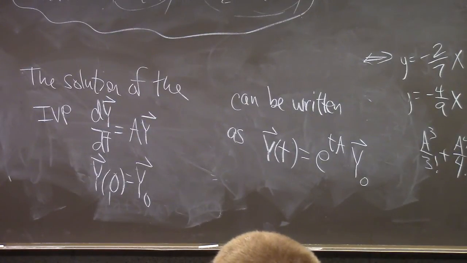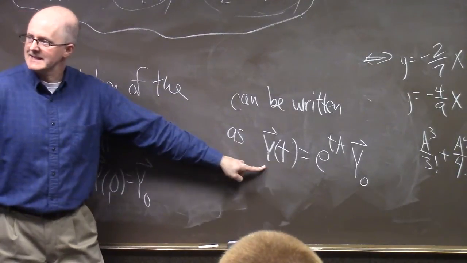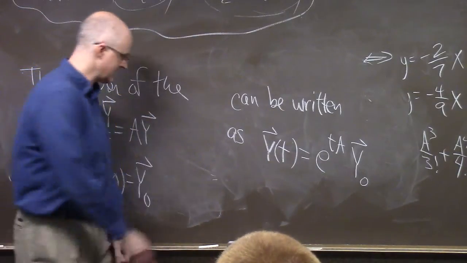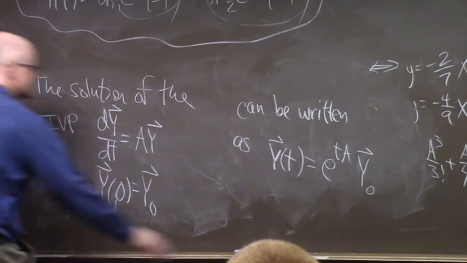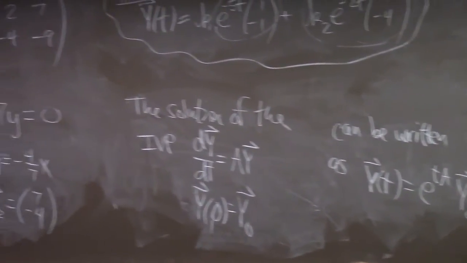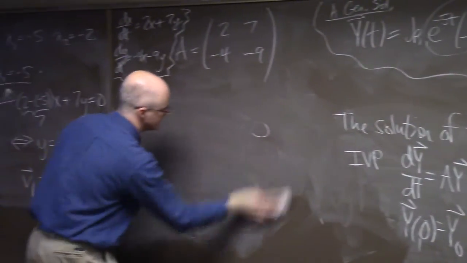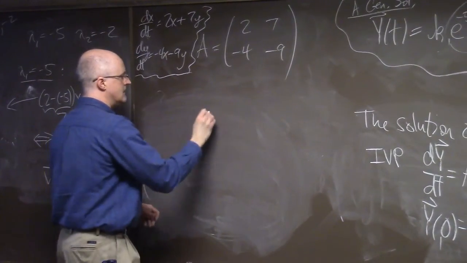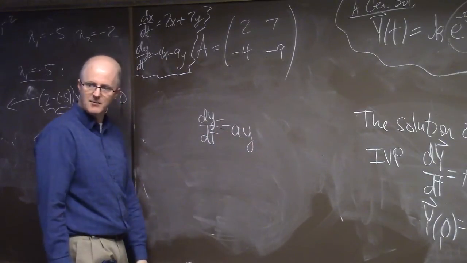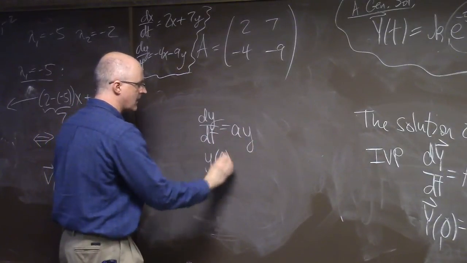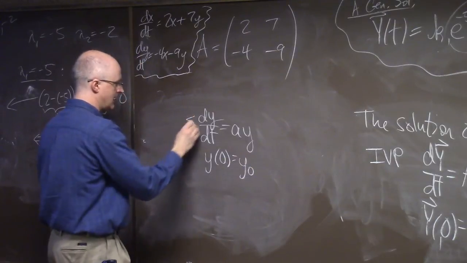Okay? Let me say 2 things before we go. This is very analogous to the scalar case. The scalar case, dy/dt equals little a times y, everything's a number here. Y of 0 equals y sub 0.